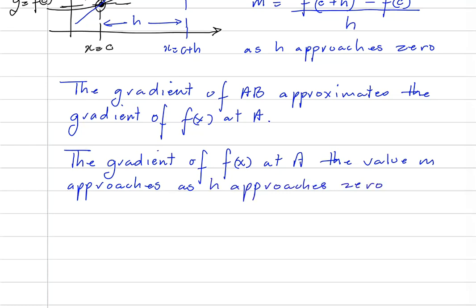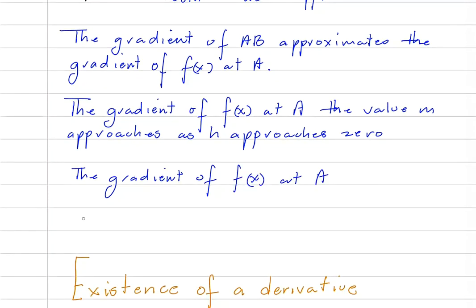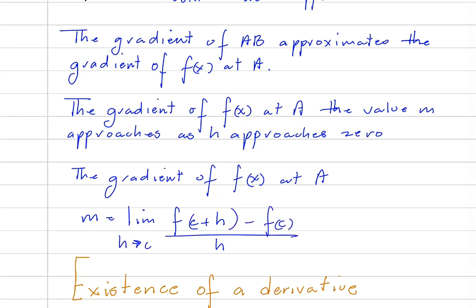And from the definition of limits, the gradient of f of x at A is m, which is equal to the limit of f of c plus h minus f of c, all over h, as h approaches 0.